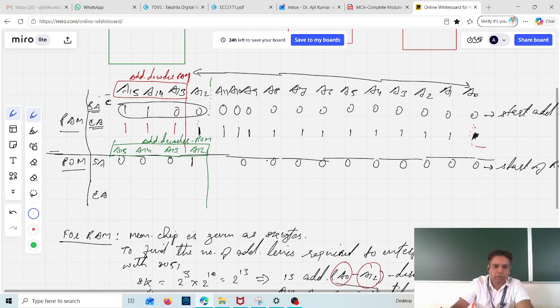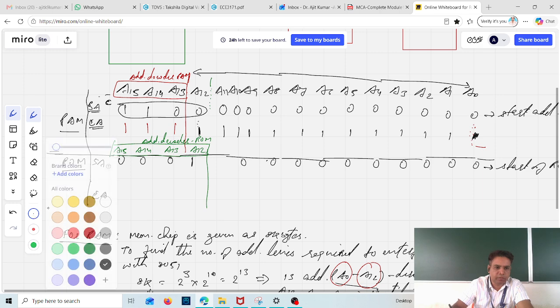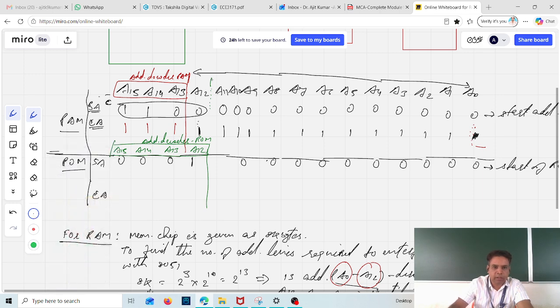We have already made this partition, which you can see in the green text. This is the segregation for the ROM. A11 to A0 are directly connected for the ROM.